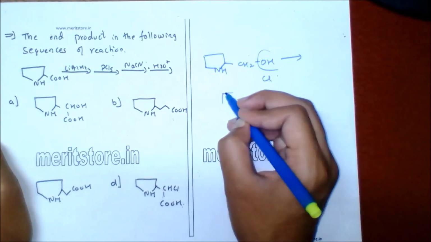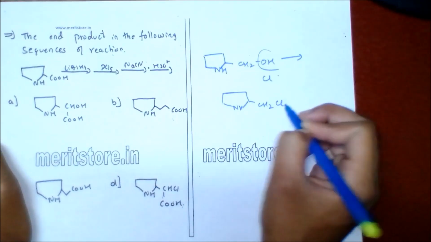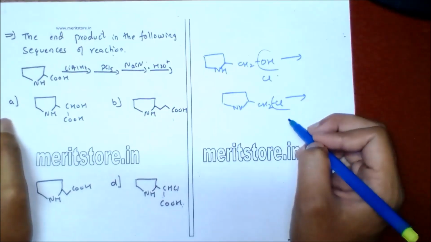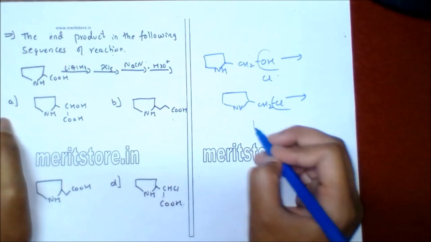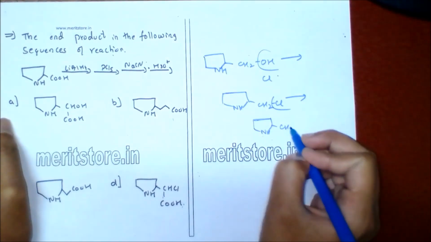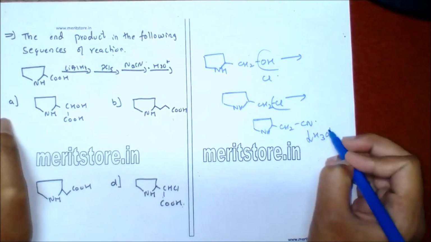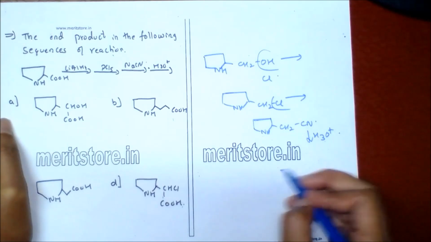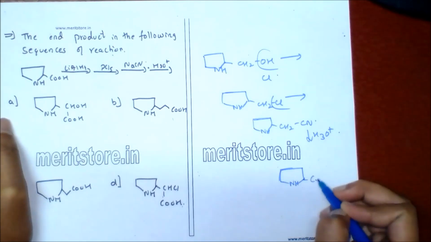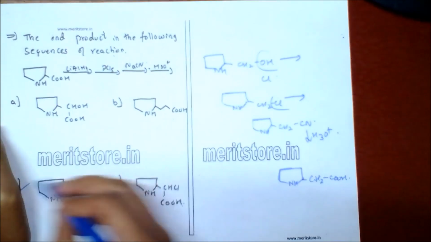So the structure will be CH2Cl, which on reaction with NaCN has chloride replaced with CN. So the structure formed will be, which on reaction with H3O+ forms the acid. So option C is the correct answer.